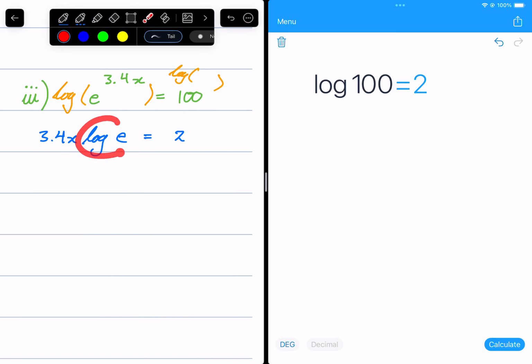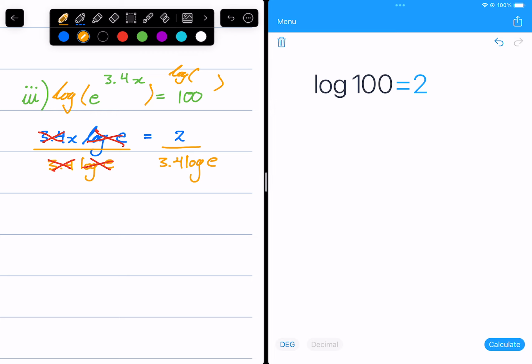But now we have to keep this in exact form. Okay, so for this, notice how we can divide 3.4 and log of e. So we're dividing by 3.4 log e. This cancels out the 3.4 and the log e, leaving us with x on its own. But we have to do this to the right-hand side as well. 3.4 log e.